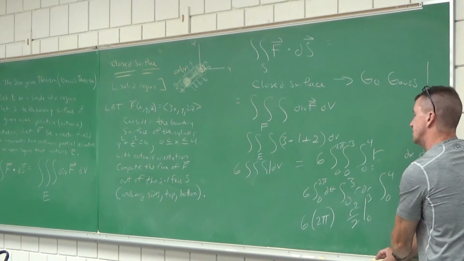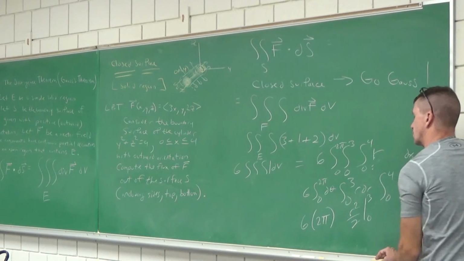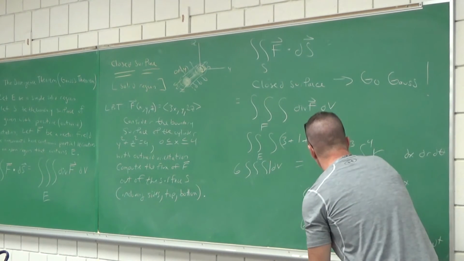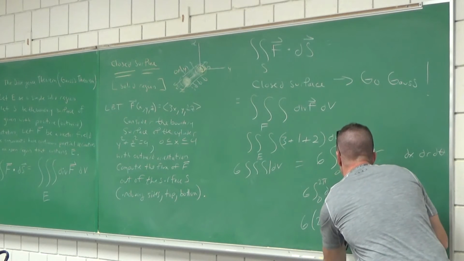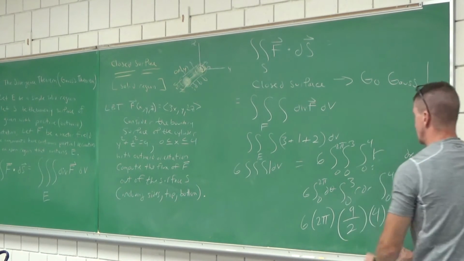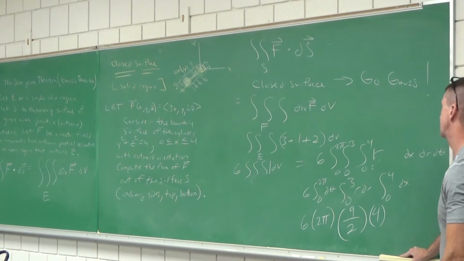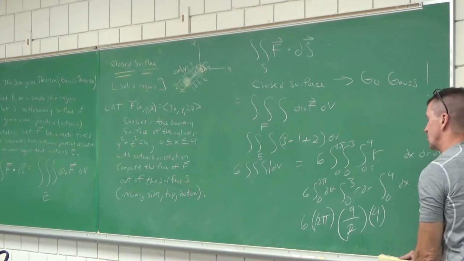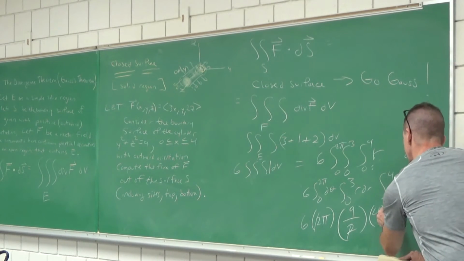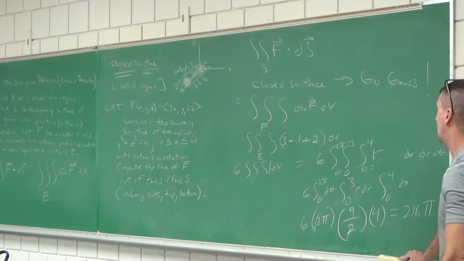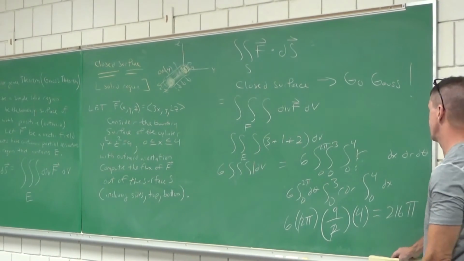What's that become? 0 to 3 of r squared over 2. Is that 9 halves? 9 halves. And just 4. Now check it over. Do we get 216 pi? Yep, the 2's cancel. 6 times 9 times 4. Right? Pi r squared h. The flux.